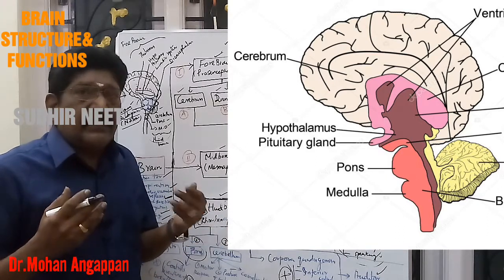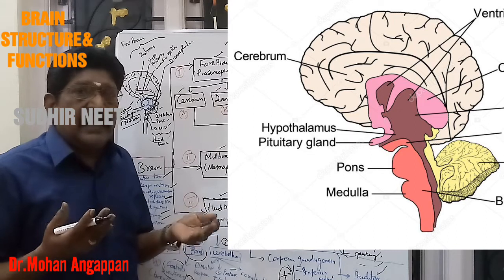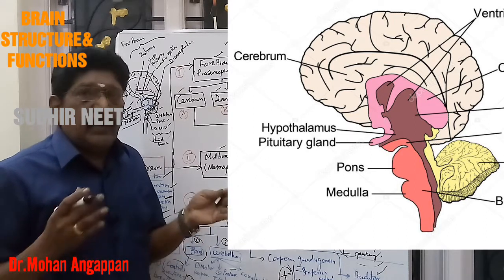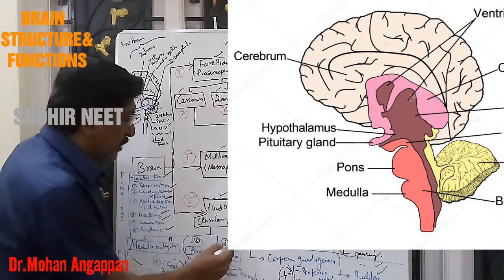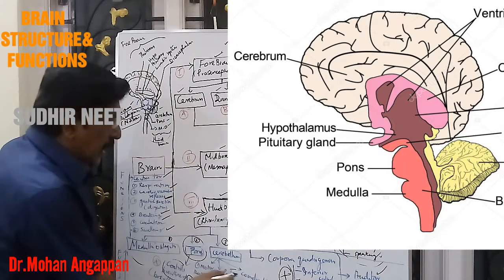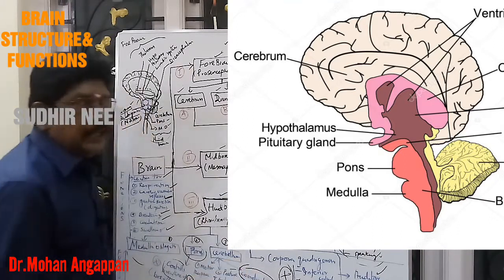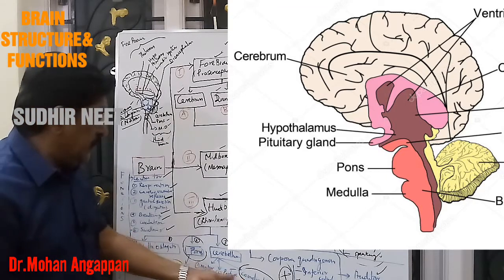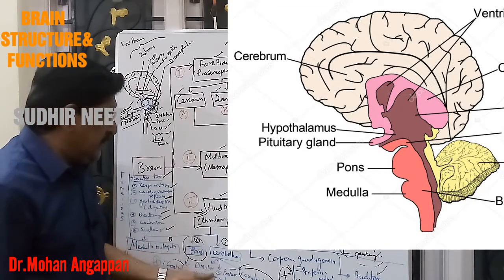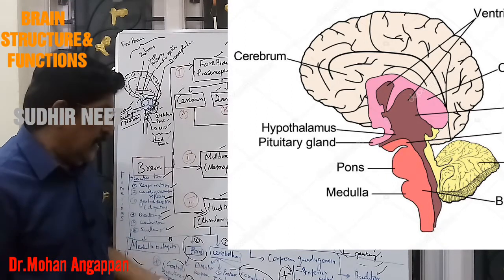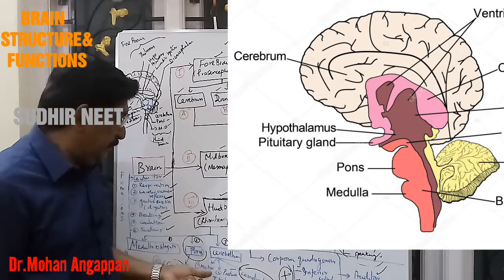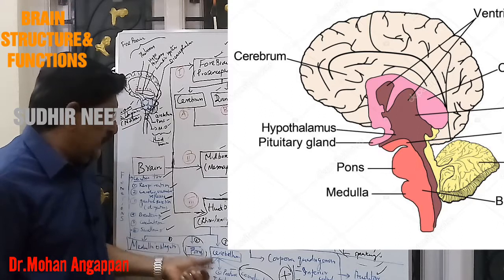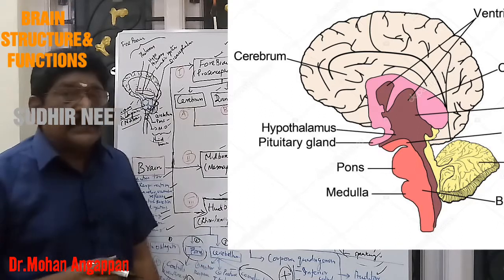If we take toxic things like alcohol, we cannot walk properly because our cerebellum is affected. So it controls coordination, posture and balance, and motor responses.